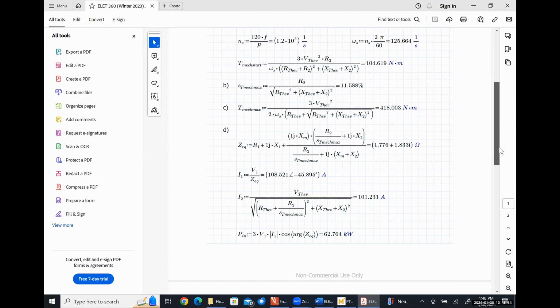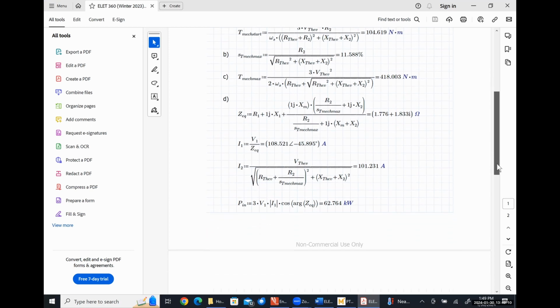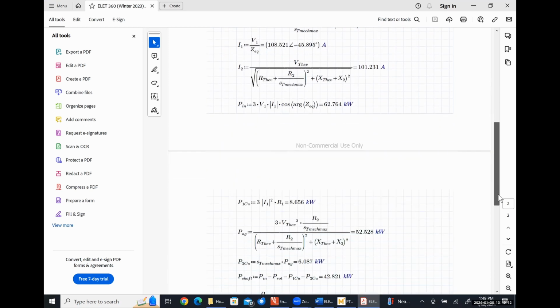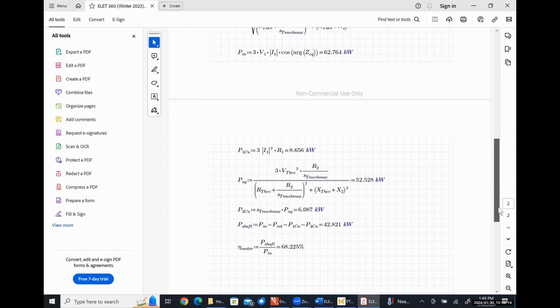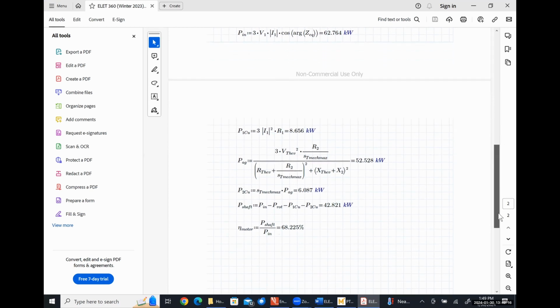So that's just me calculating the input power, so this is the input power at the maximum slip. Calculating copper losses because they needed to come out. That air gap power is the rotational power.